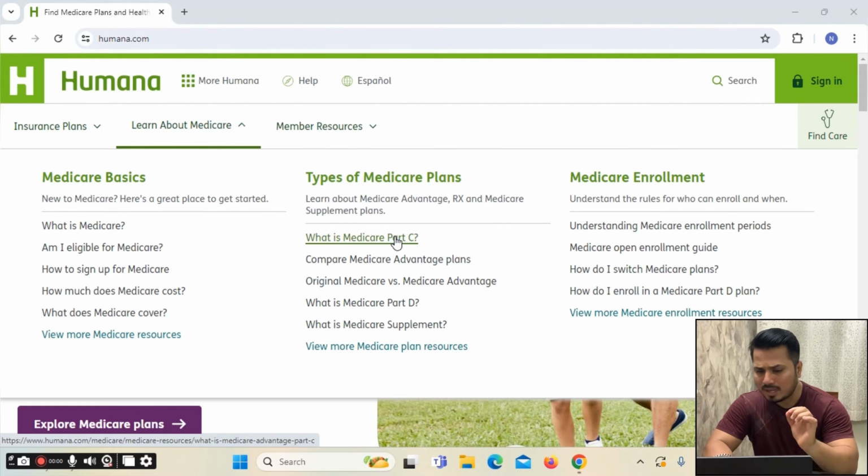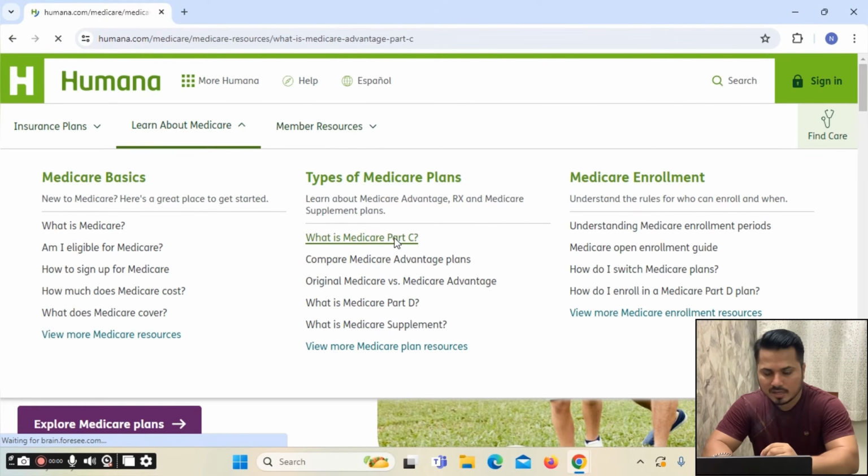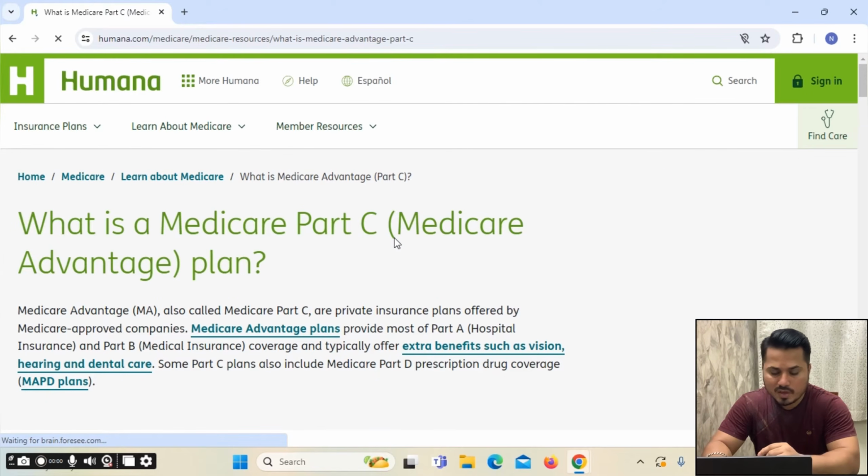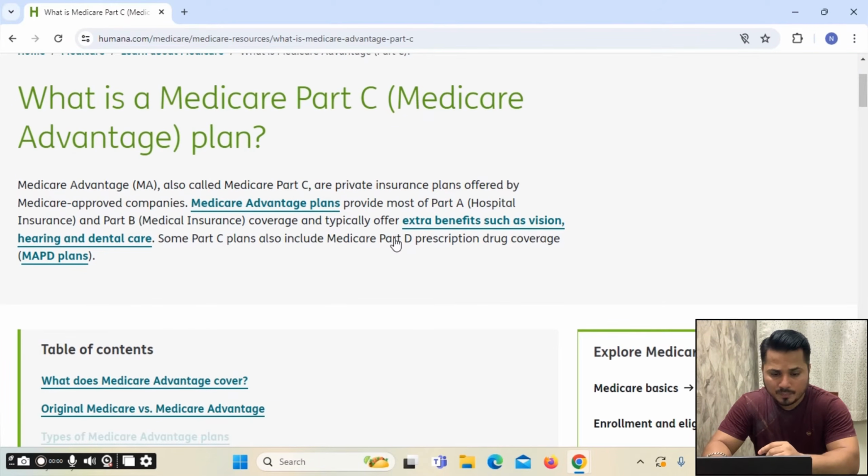All right, so let's click on what is Medicare Part C. All right, so we will wait. All right, so we are on this page right now. Now let's understand what is Medicare Part C. Medicare Advantage, also known as Medicare Part C, are private insurance plans offered by Medicare approved companies.